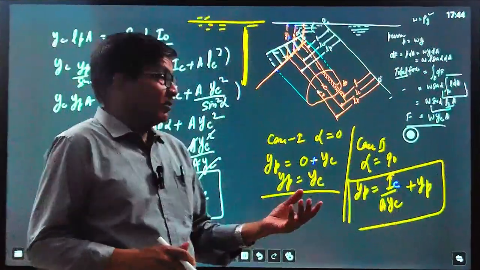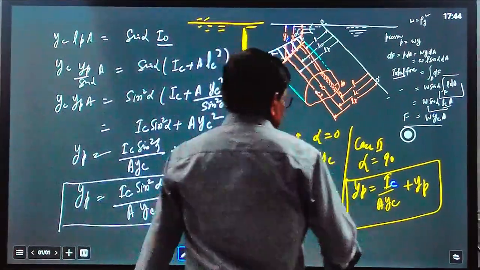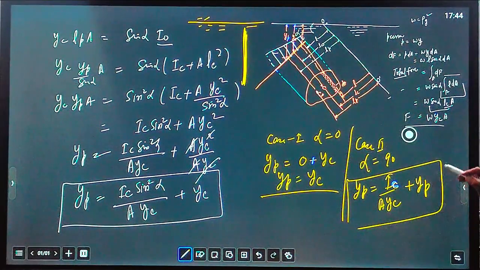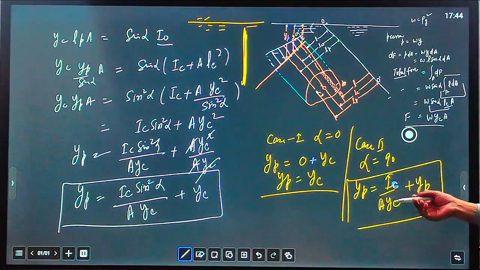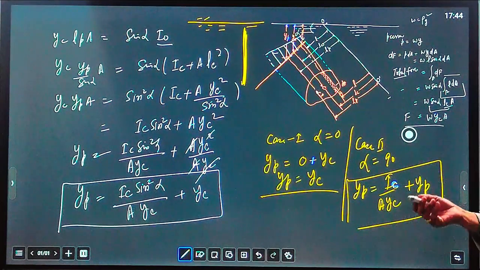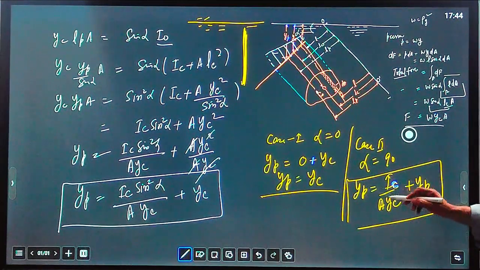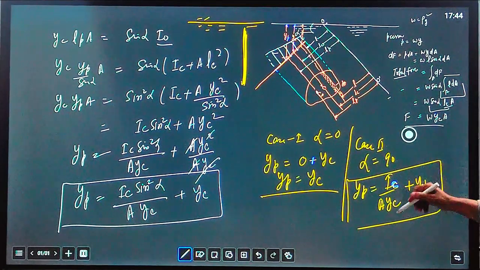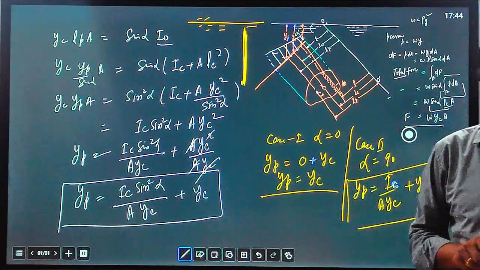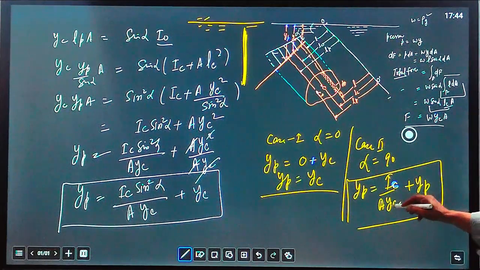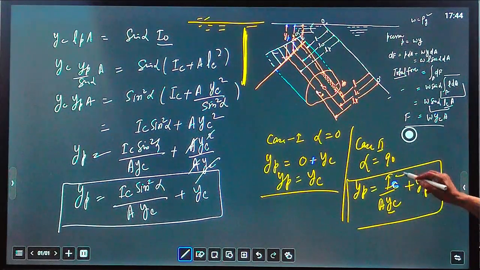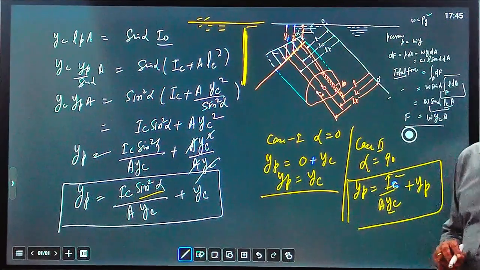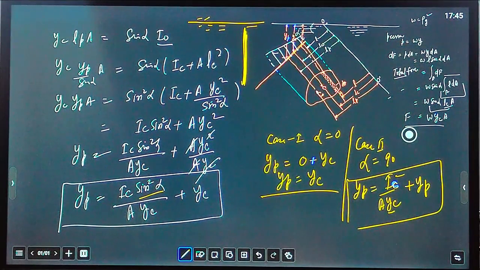In this equation you can see what the terms are. Ic means moment of area about the centroid, which we have to find because different shapes have different moments of area, and Yc means the vertical distance of the centroid from the free surface of the liquid. Once you get Yc and Ic, everything will be clear. Alpha, the inclination, will be given in the question.